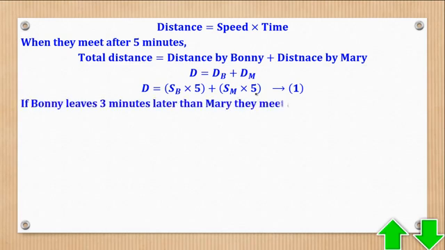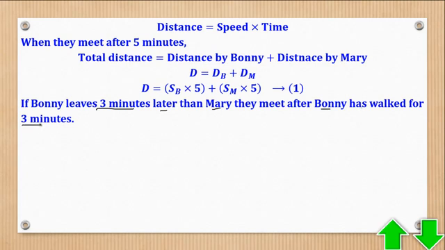They said, however, if Bonnie leaves 3 minutes later, do you know what that means? If I leave 3 minutes later, it means that I will take less time than Mary. They meet after Bonnie has walked 3 minutes.